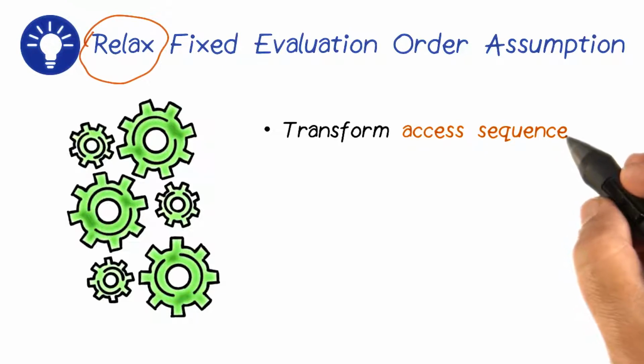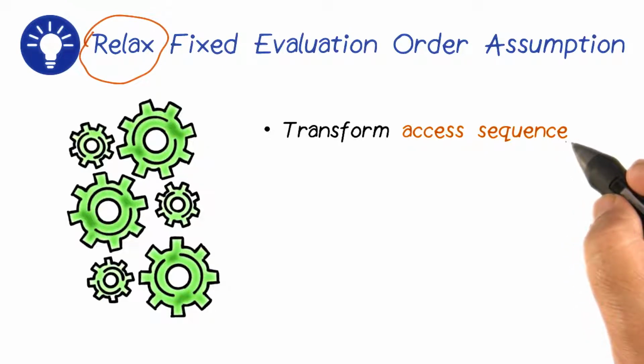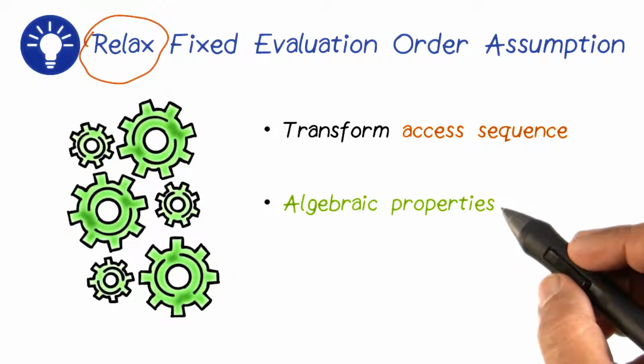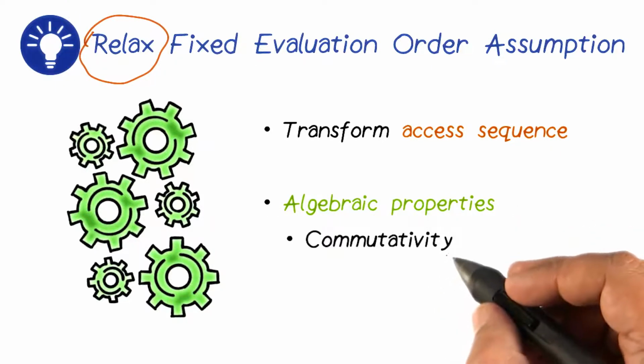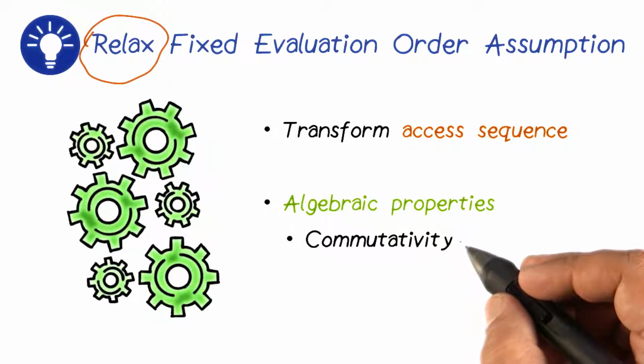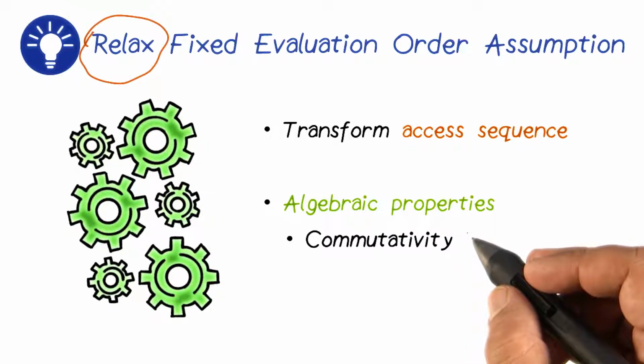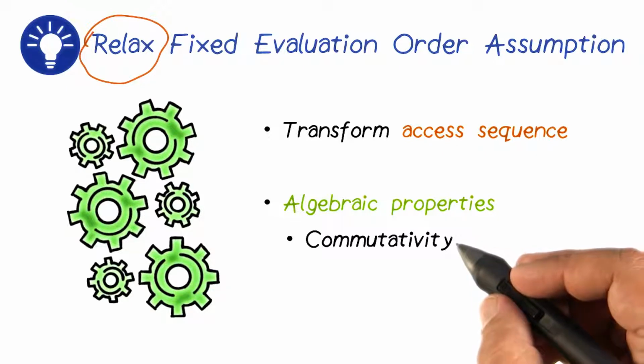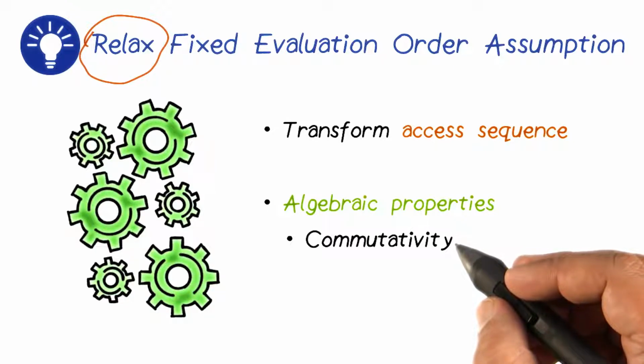And so how do we do it? We try to transform the access sequence. What are the different things that we use in this particular case? Well, there are many ways to transform the access sequence. What we try to do is first use simple algebraic properties. The first property that we use is commutativity. That is, an expression can be transformed by swapping its operands. That is a standard way of influencing many optimizations in compilers, and we try to apply this to the access sequence problem.